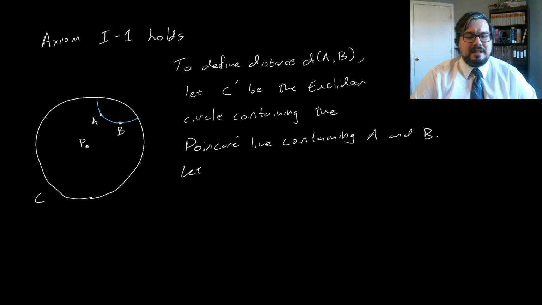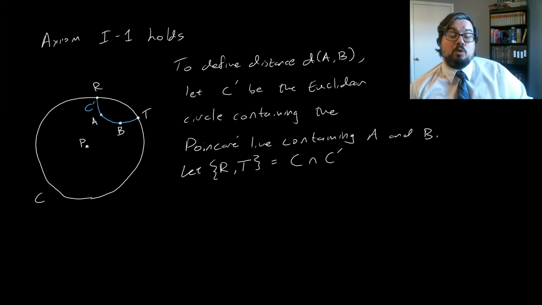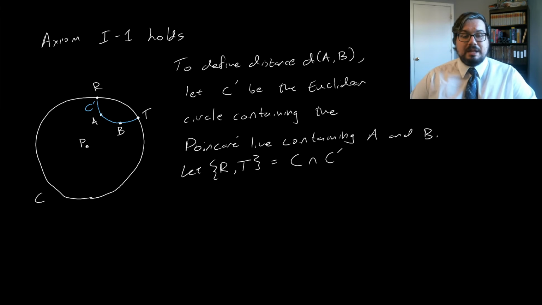Then let R and T be the set, the intersection of the circle C with the circle C prime. So we've got these points R and T, and these are not points in the Poincaré geometry, but they are points in the Euclidean geometry, so we can refer to them.